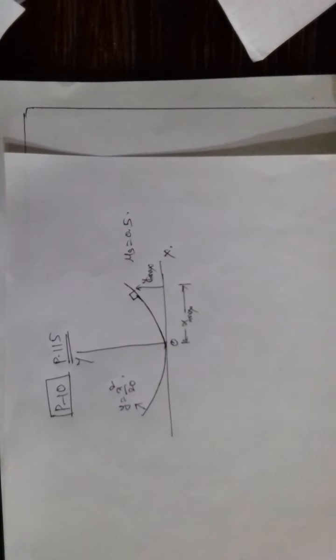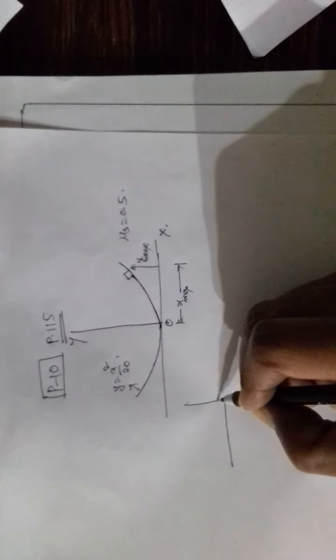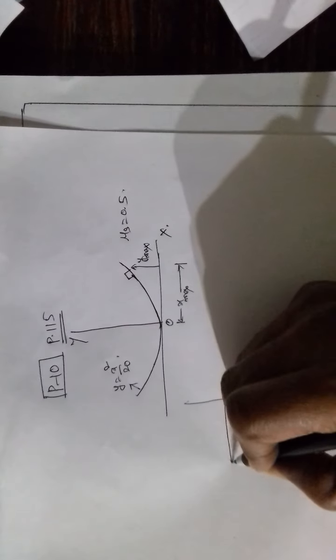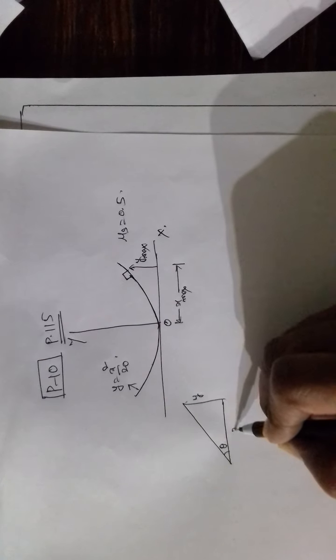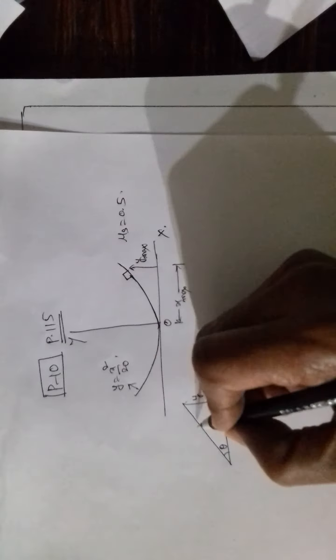Okay. Just now we did a problem. In that problem, there was an inclined table, and this is the y value, this is the x value. The block was placed here.